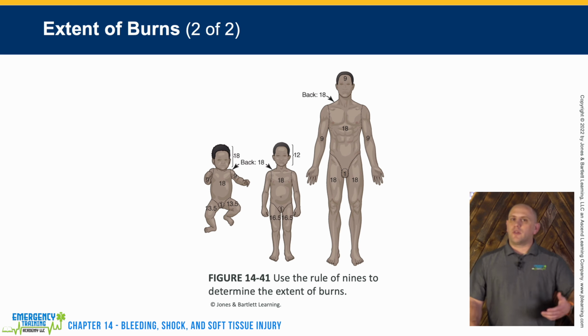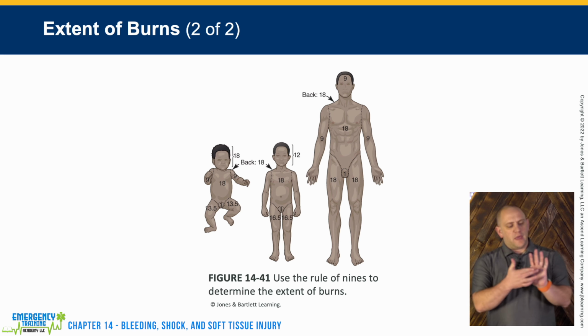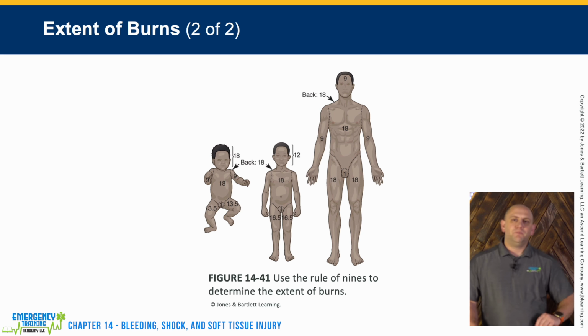There is another way to try and determine the amount of burn that is called the Palmer method, and that is looking at the patient's palm, and based on the size of their palm, you can look at the burn, and each palm is 1%.